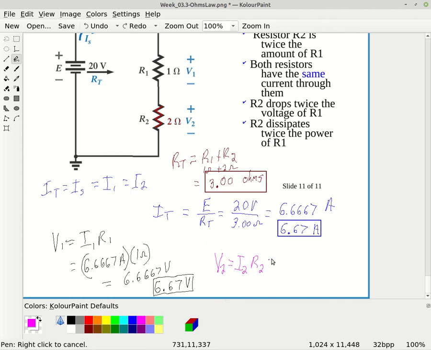So now we have I2, which is again 6.6667. You need to make sure you use 5 digits when you're doing these kinds of calculations. And then that's times 2 ohms.